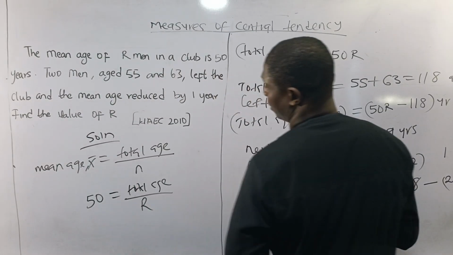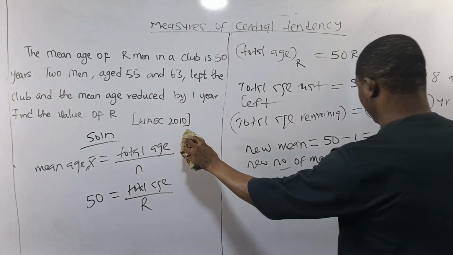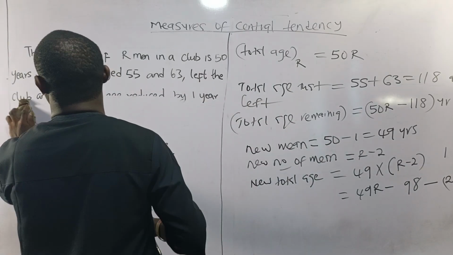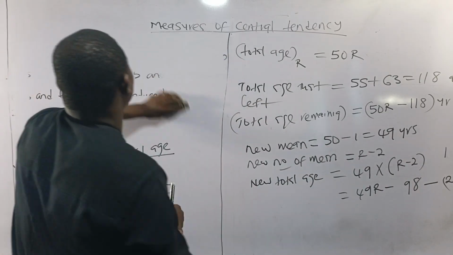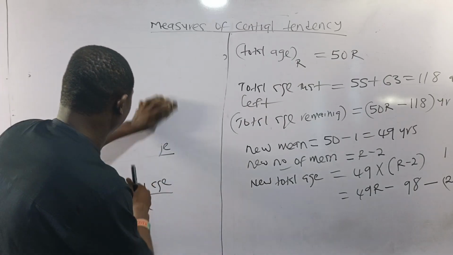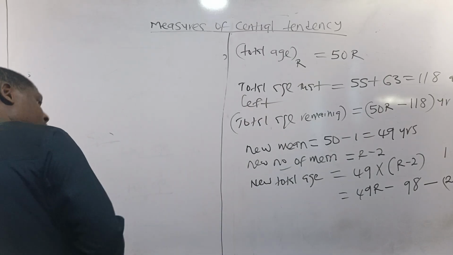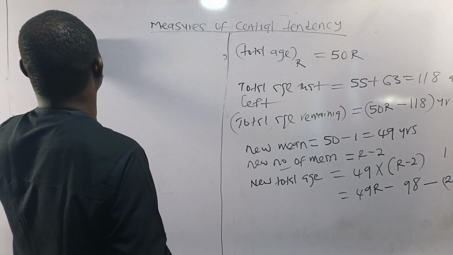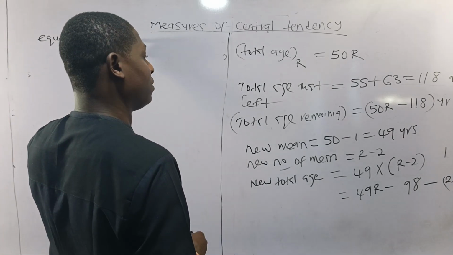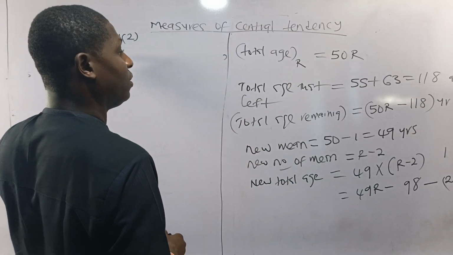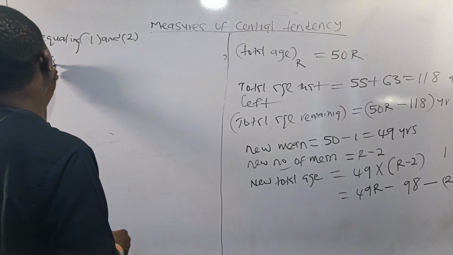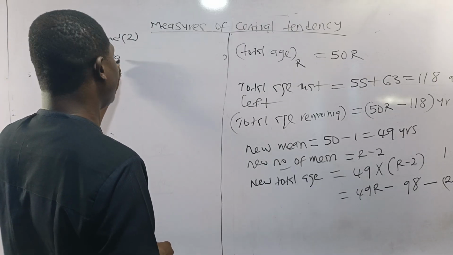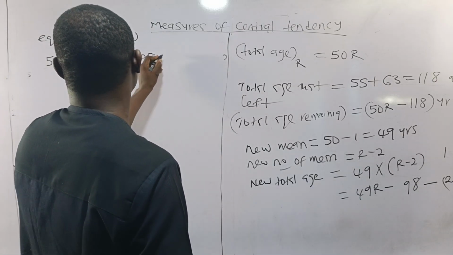Now I can easily equate my equation 1 and my equation 2. We are looking for n. If we equate 1 and 2, we simply have 50n minus 118 equals 49n minus 98.